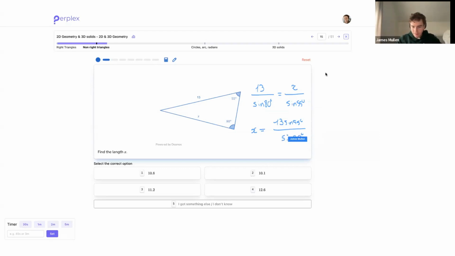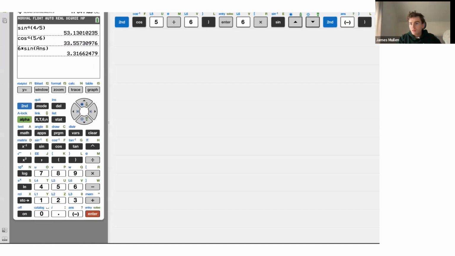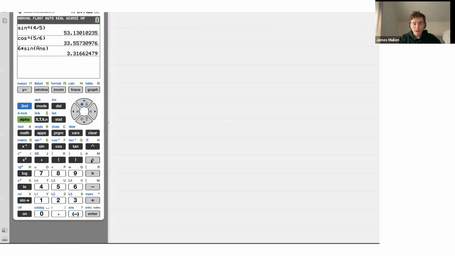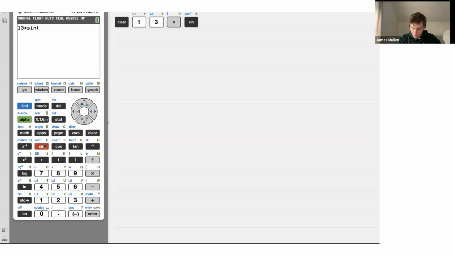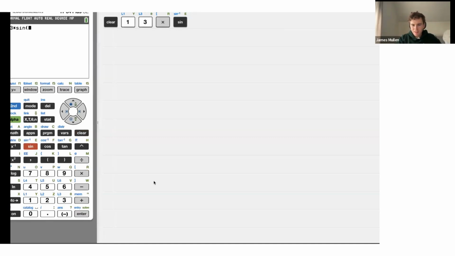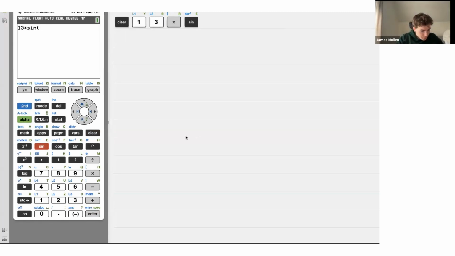And if I plug that into my calculator, let me share my screen and show you that. So I have 13 times sine of, hang on, was it sine of 55 divided by sine of 80? Now I'm forgetting my steps.